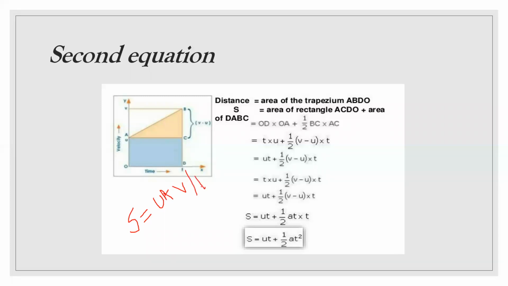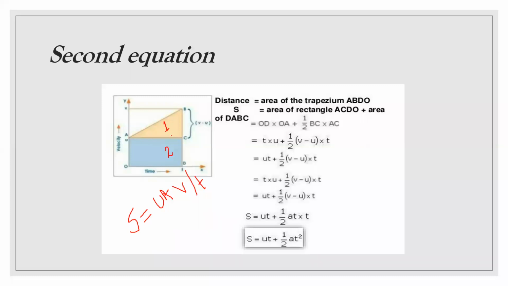Now this under area is a big trapezium, that is OABD. Or we can say that this under area is divided into two figures, triangle and rectangle. So we will calculate the under area separately.